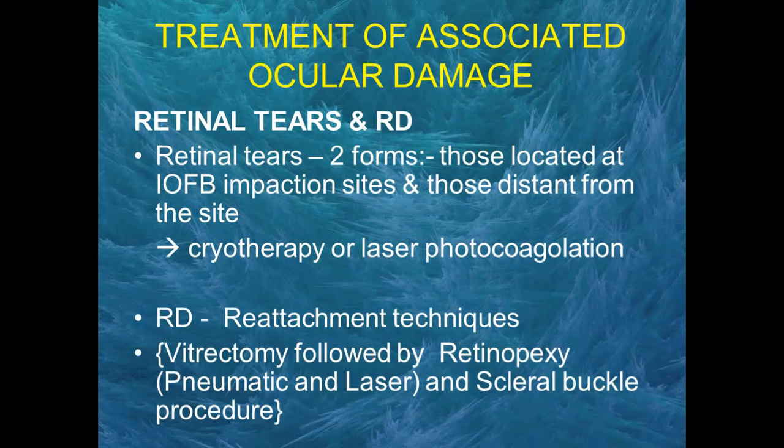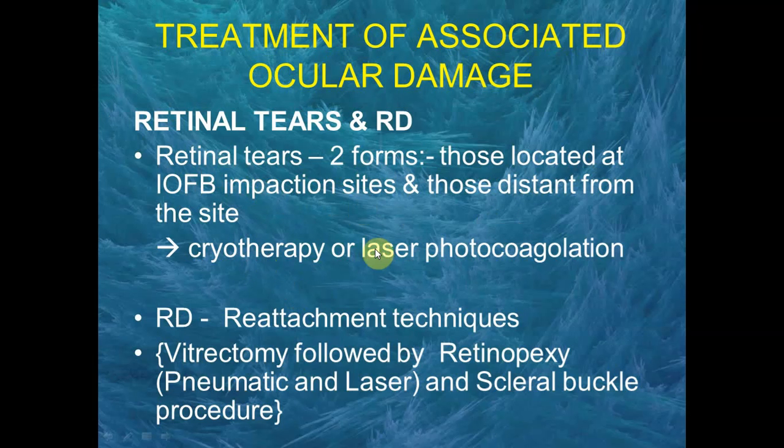How do we treat the associated ocular damage? There can be retinal tears and retinal detachment once an intraocular foreign body has entered the eye. So how do we manage these retinal tears? There are two types of retinal tears, those located at the site of the intraocular foreign body impaction and those away from the site.